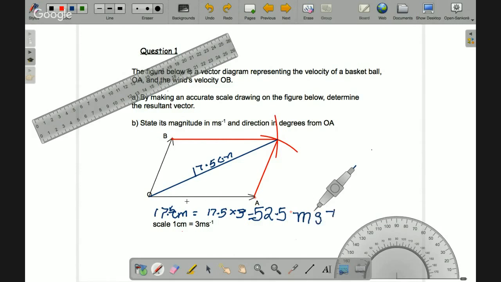So basically the resultant velocity in this direction is 52.5 meters per second.